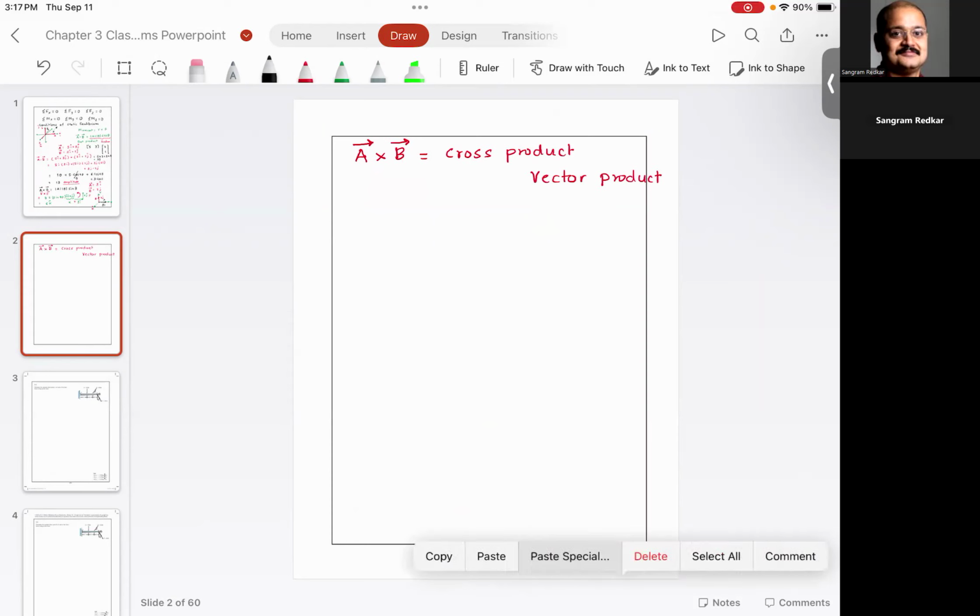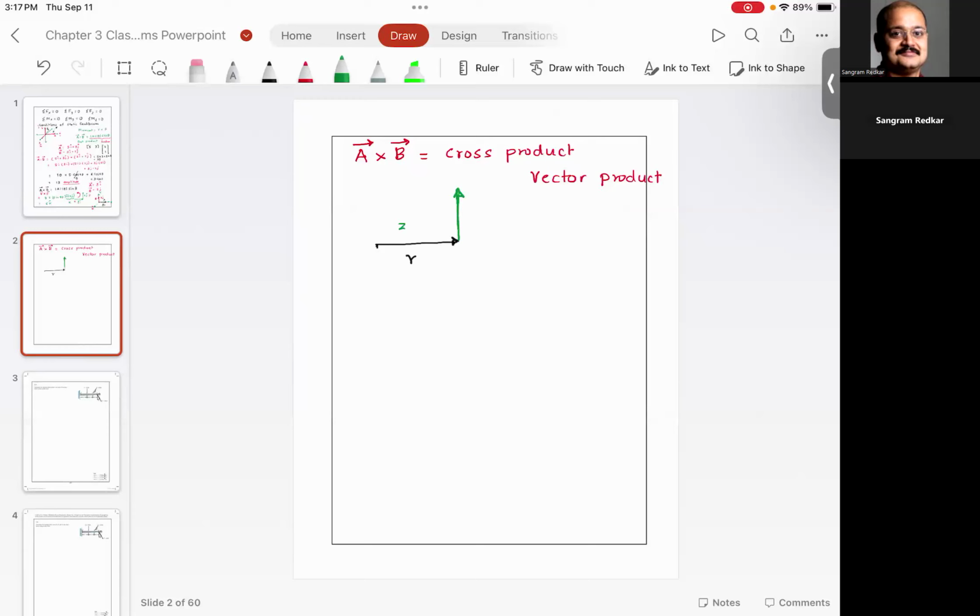So now, if I give you a vector something like this, and I'm going to call this the radius vector, and there is a force acting on the radius, so if this radius vector is 3i and the force vector is 2j, and I want to find the moment, moment is given as R cross F. R is a vector, F is a vector.